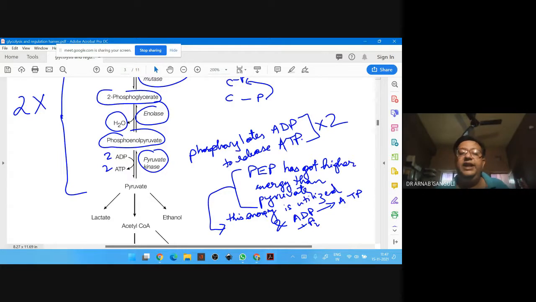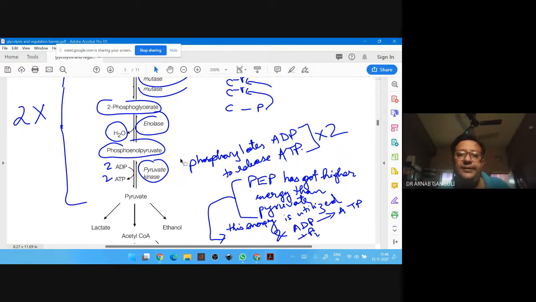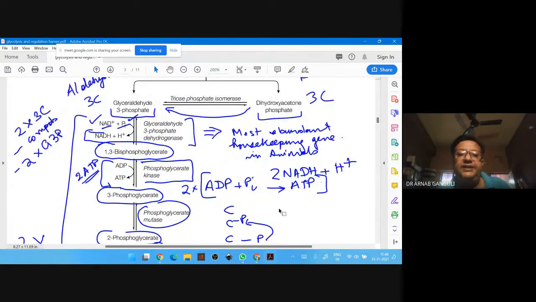It gives the high energy phosphate bond to the ATP molecule. Pyruvate has a lower energy. The same step takes place where 1,3-bisphosphoglycerate has a higher energy than 3-phosphoglycerate, and this high energy phosphate is transferred to ADP. This is the thermodynamics of the reaction.